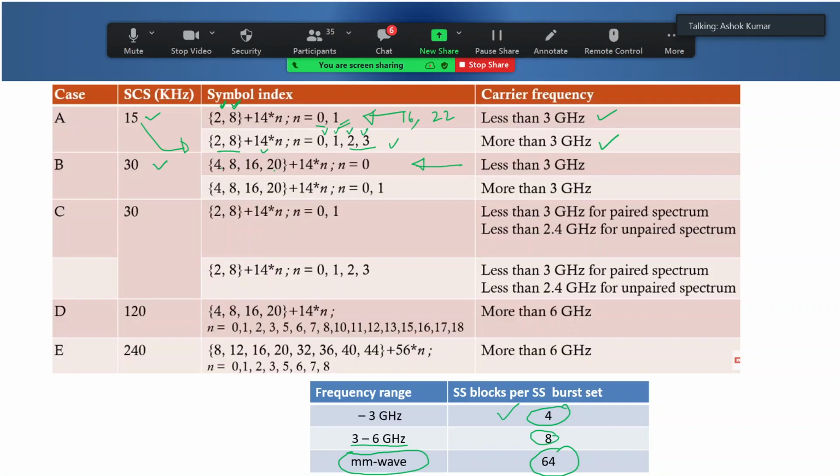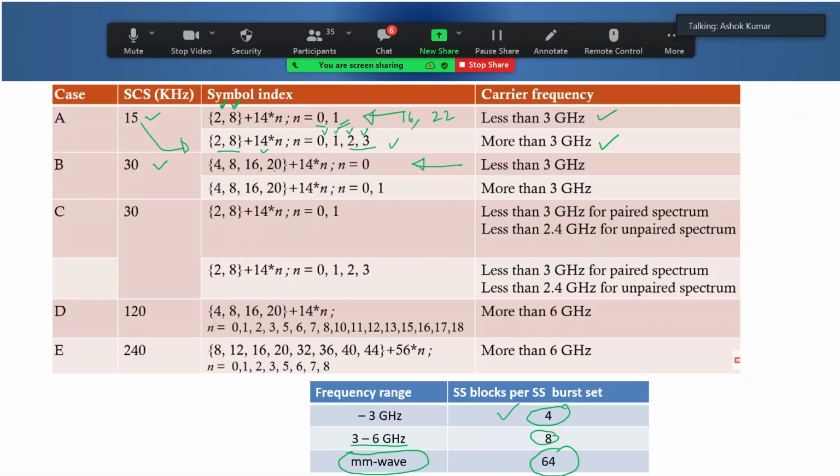So the possible number of beams would be 64. Every beam you will be transmitting one SS block. So that's why 64. So you'll be having large number of beams supported. So this also tells you that in this specification, total number of beams supported is also kind of 64. Theoretically, at least it will be lesser than that, but up to 64 is possible.